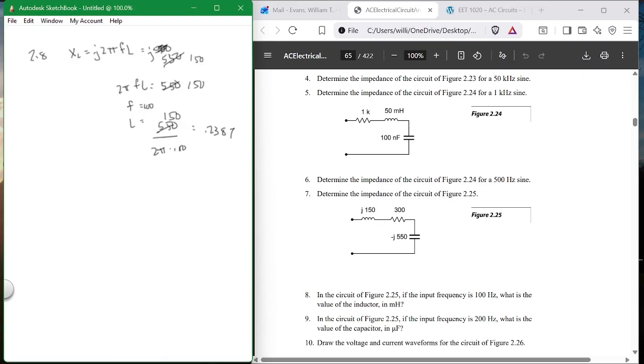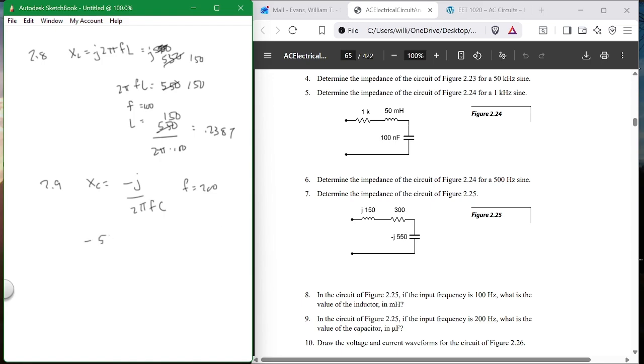And then in the circuit, again, number 9, if the input frequency is 200 hertz, what is the value of the capacitor in microfarads? So basically the same thing. 2.9 is X sub C is minus J over 2 pi FC. So F, they give you, again, is equal to 200. And then they ask you what the value of C is if this is minus 150.